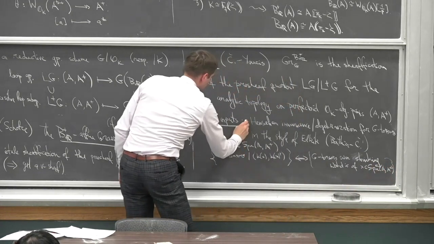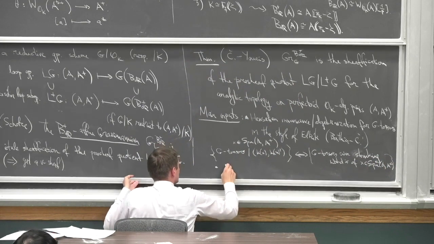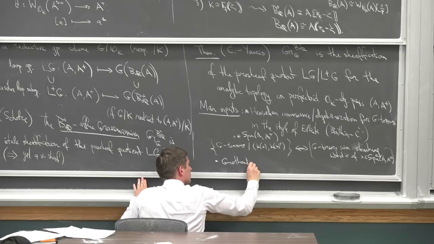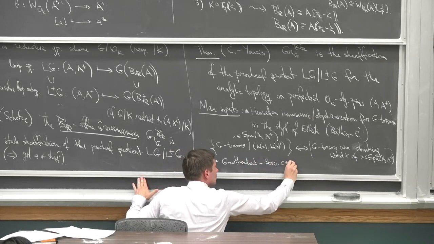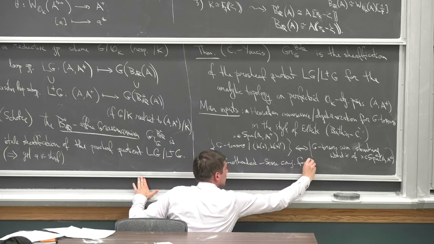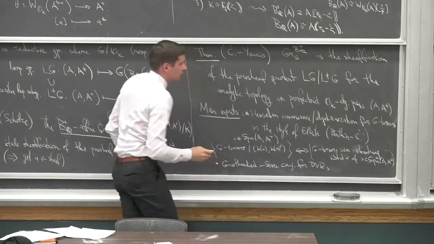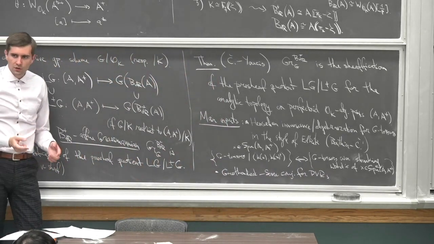Okay, and the other ingredient is the Grothendieck-Serre conjecture for this calculation. It says that if you have a reductive group scheme over a DVR, then any torsor which is trivial over the fraction field is trivial.